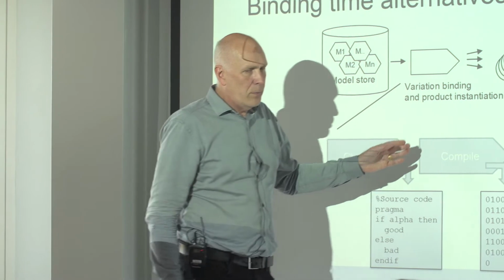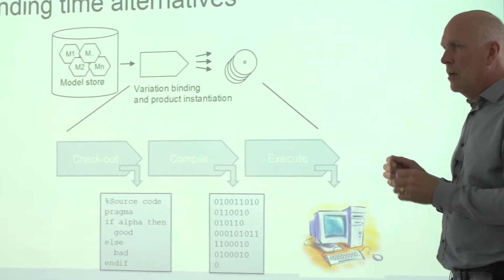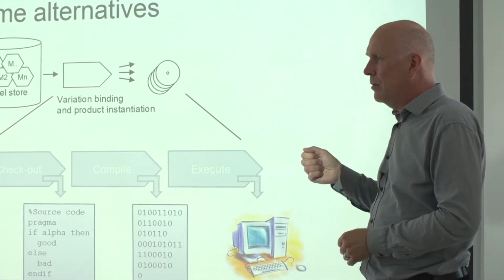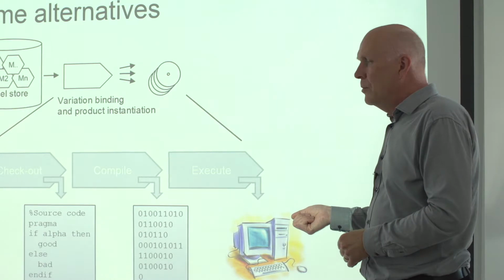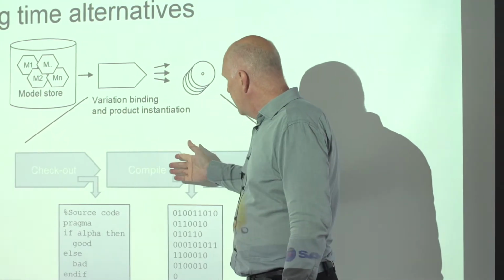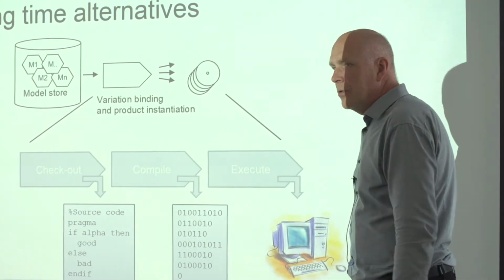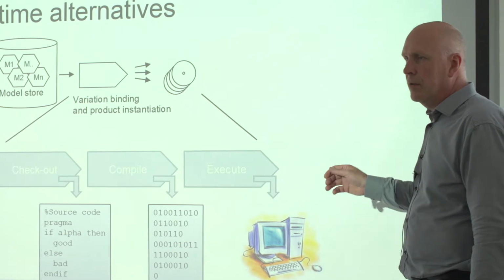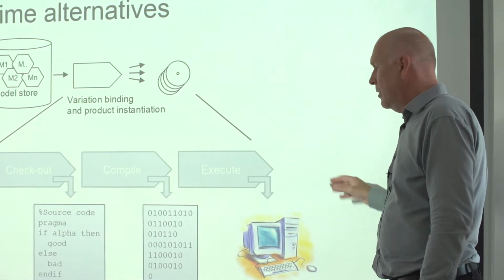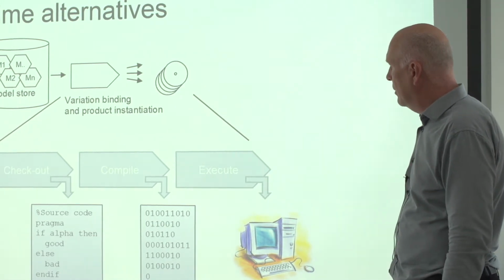Then when we compile, we can have compiler settings that configure some of the models in some sense. For example, it should be run on a Unix platform or on a Linux platform. So that's compile time binding. And then during execution we can have runtime parameters. So we can have the single-seater or the dual-seater, for example, set during execution. That is called runtime binding.